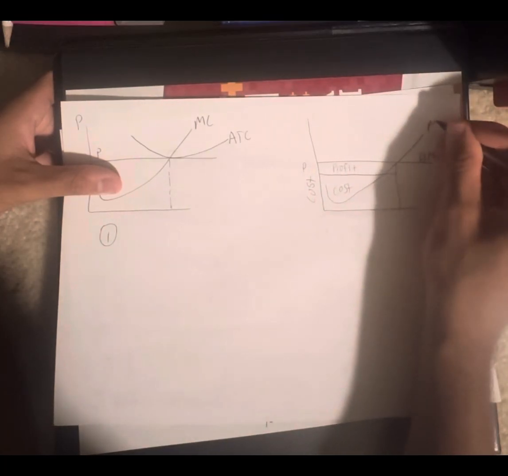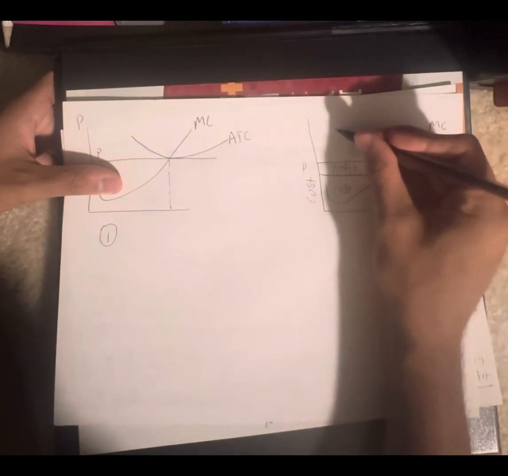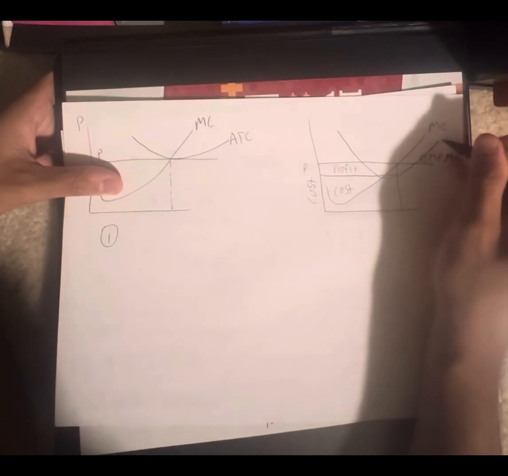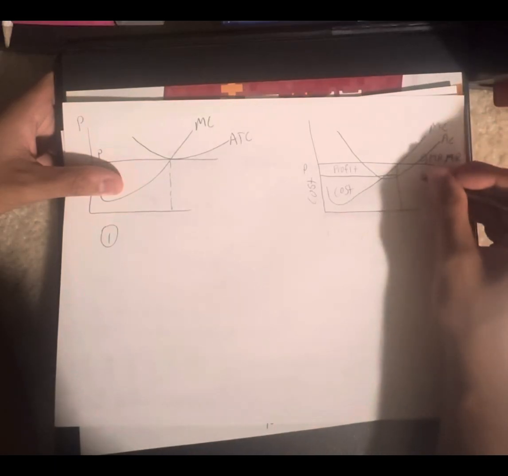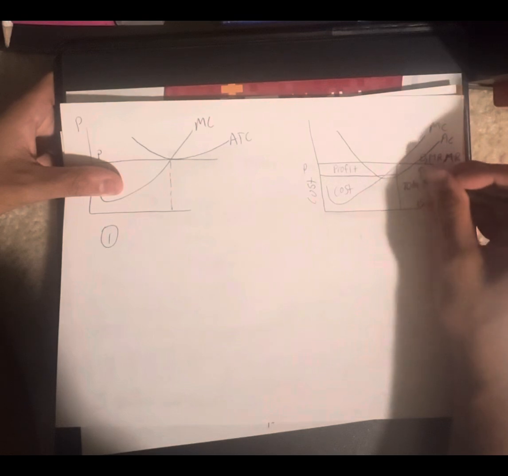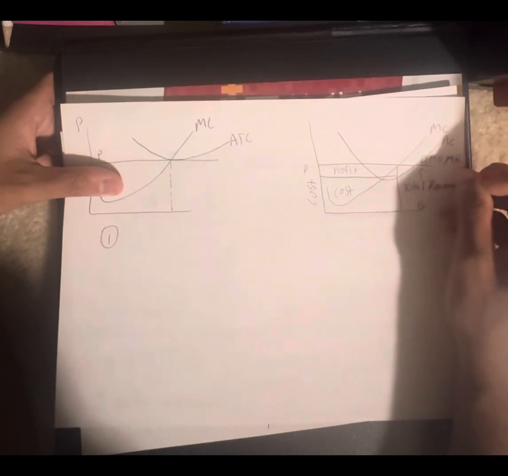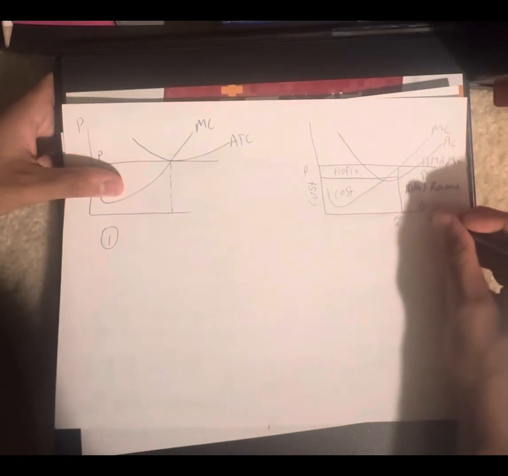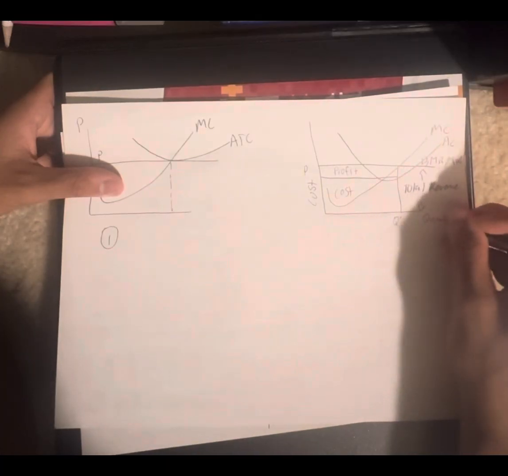The revenue rectangle is larger than its cost rectangle, creating this box of economic profit. This only happens in the short run because profits will attract new firms and push prices back down.